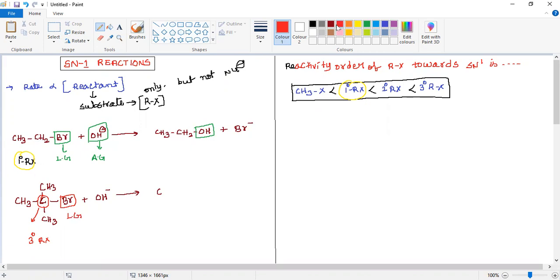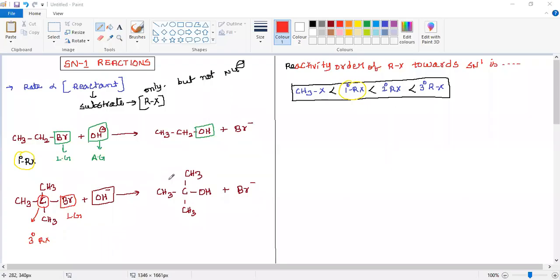Okay, so then this one can be known as the attacking group of the reagent. How can we write it like this, CH3. So this one is the more preferred.